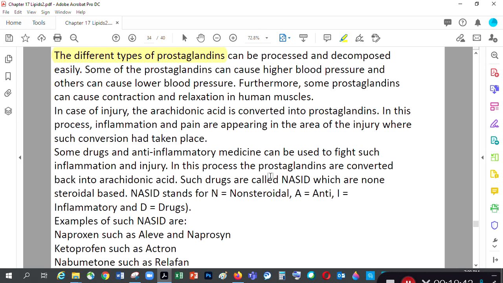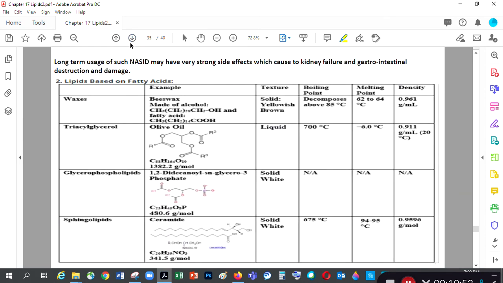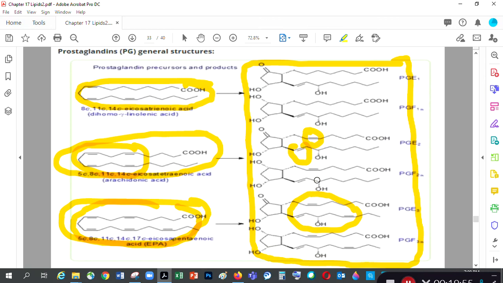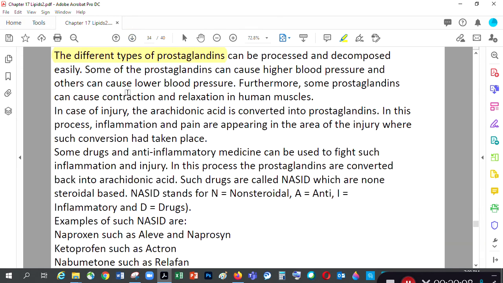In this process, prostaglandins are converted back into arachidonic acid. So the reaction can go the other way, and this essential fatty acid can fight the inflammation.